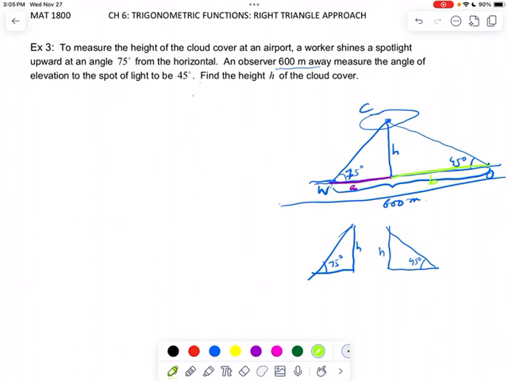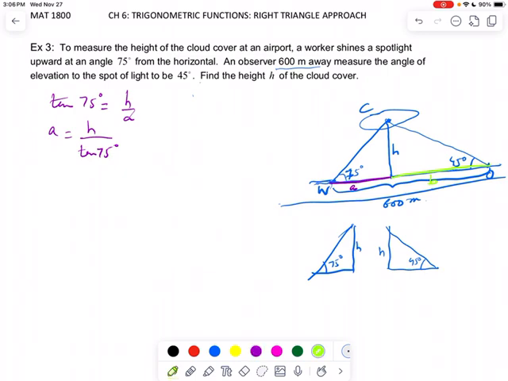So how will we find A? We can use the tangent. Tangent of 75 degrees is equal to h over A, so that A will be equal to h divided by tangent of 75 degrees. And then what is B?